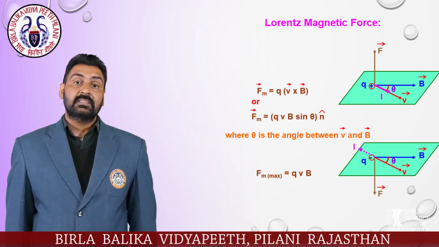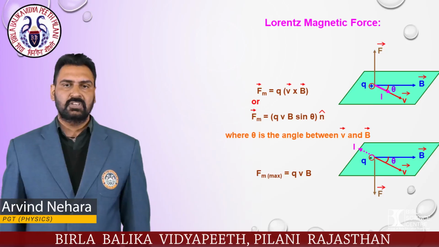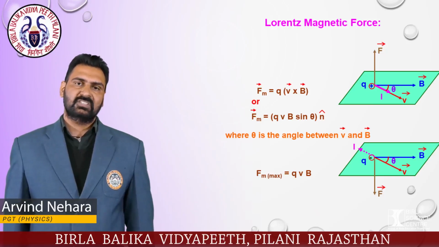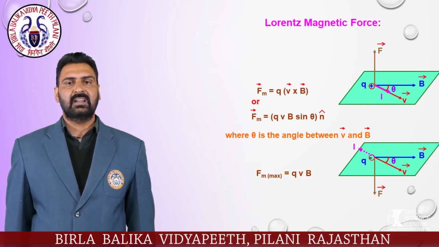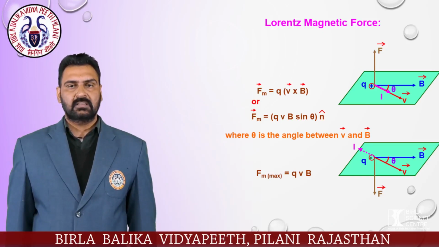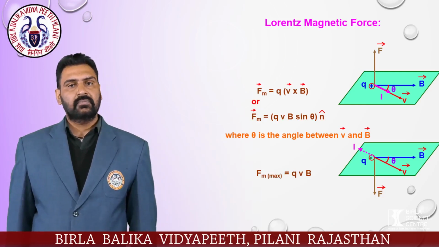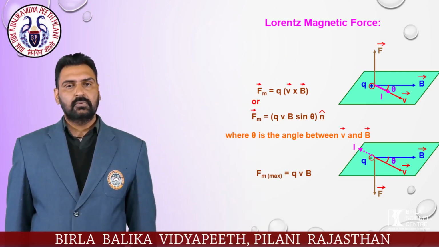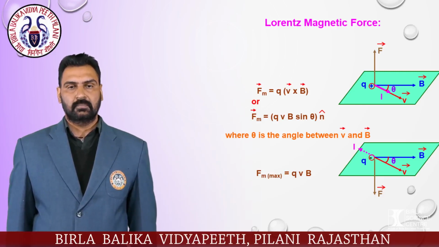Now, if the charge is at rest, so the velocity of the charged particle is 0, then the force on that charged particle is 0. So, a stationary charge in a magnetic field does not experience any force. Now, if theta is 0 or 180 degrees, that is, if the charge moves parallel or anti-parallel to the direction of the magnetic field, then Fm = 0.